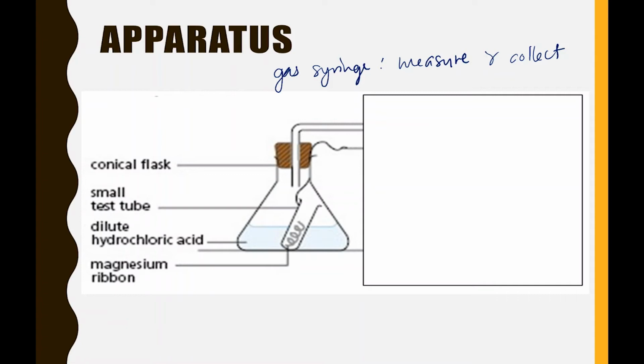That's because you want to quantify the volume of gas produced, and these two methods don't really allow you to measure accurately. So how do I draw a gas syringe? First of all, you need a ruler, you need a pencil, and you need to label.